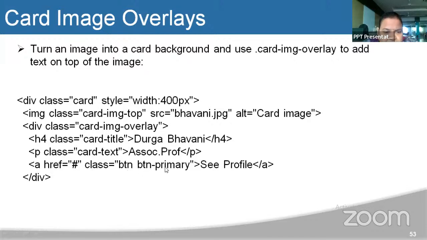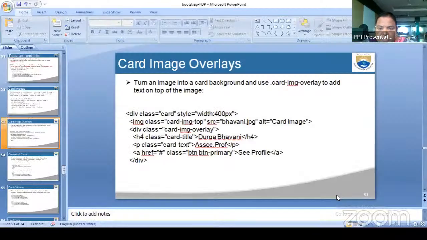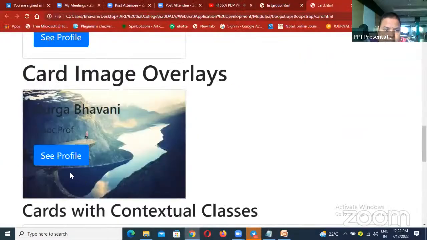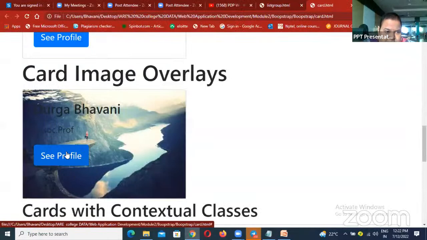button, btn, and then primary. The primary is for the color representation here. Primary is nothing but color representation. I don't want to use this one. This is the color representation. See the profile.